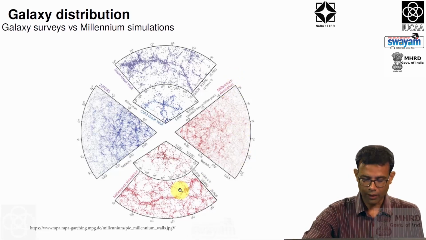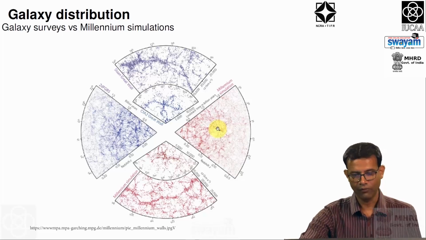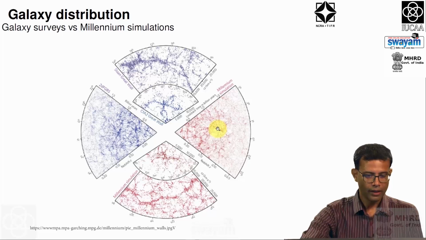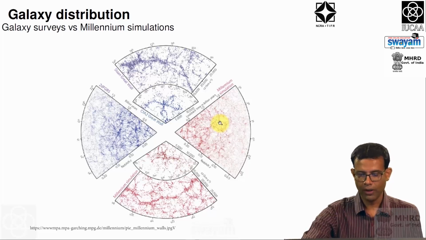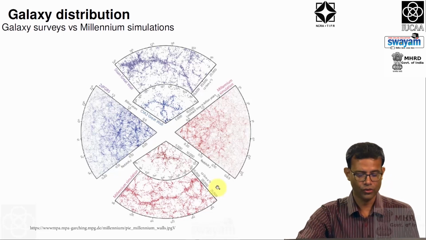Point by point they are different, because we do not know exactly what the initial conditions are. We do not try to explain the structures point by point, but only statistically. And you can see visually they look the same. There are these kinds of structures all over, these walls which have come across and so on.